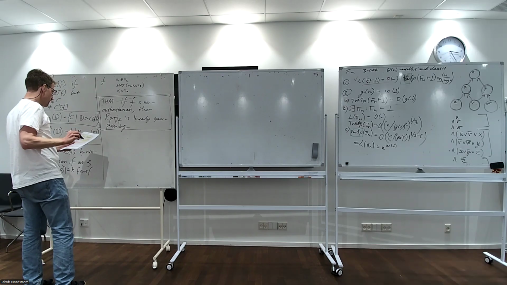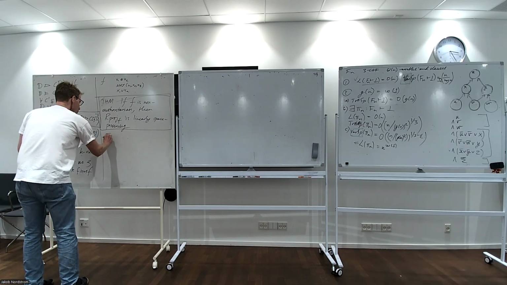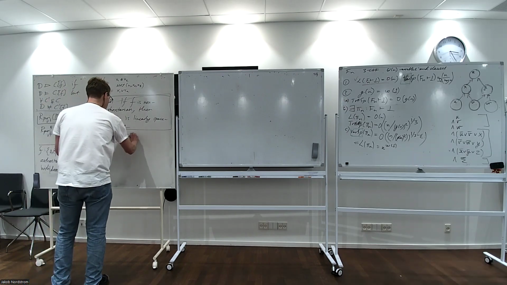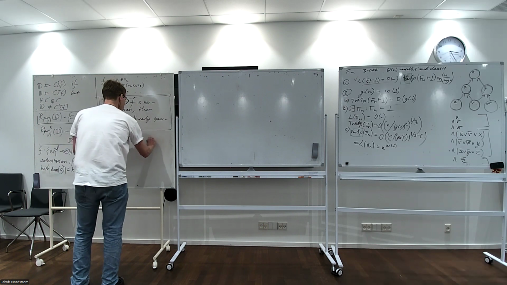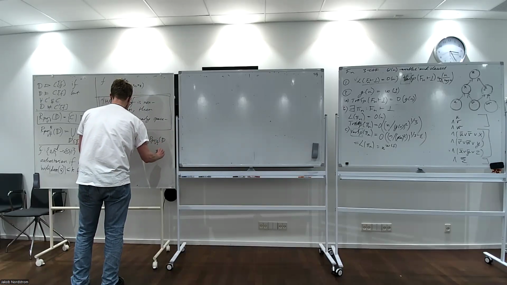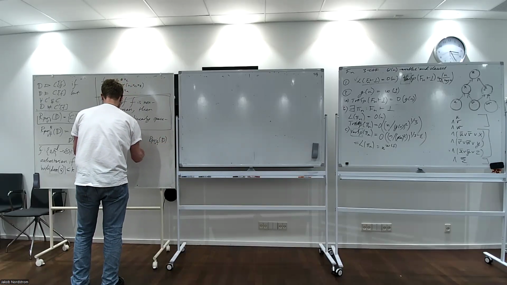What do we want to say? So here we're fixing any D, and let V star be the variables of the projection of D with respect to f.